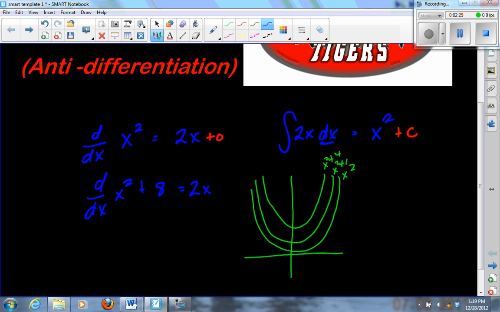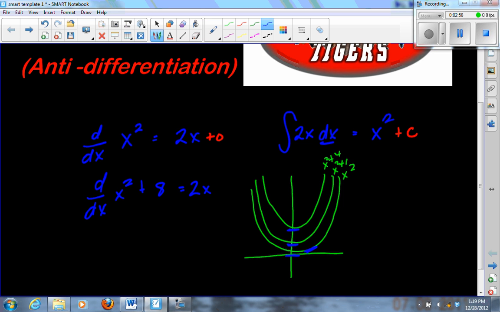For instance, the slope here is 0 and 0 and 0. So this says the derivative, or the slope, of x squared is 2 times whatever x you're on. So the slope here is 2 times 0, which is 0. Slope here is 0. Slope here is 0. So that means for all of these green lines, the slope is 2x. So the derivative of x squared is 2x.